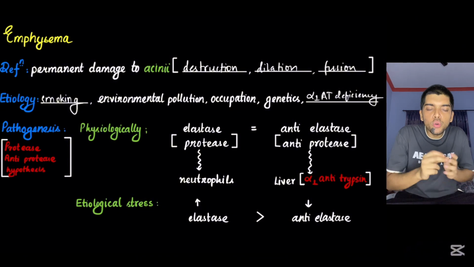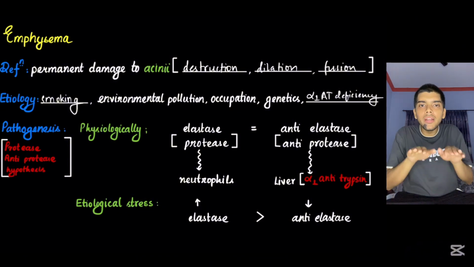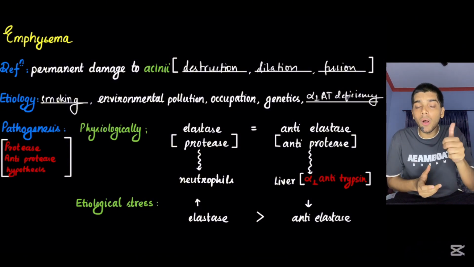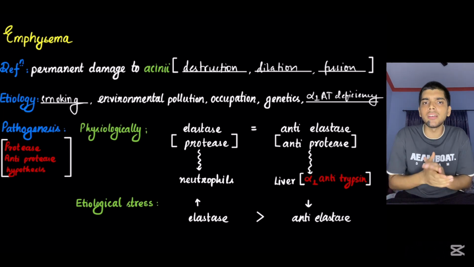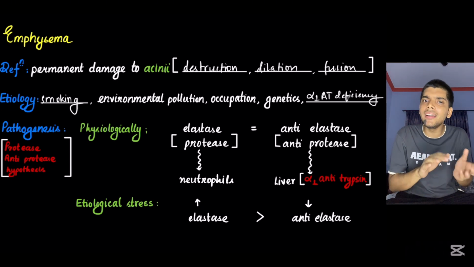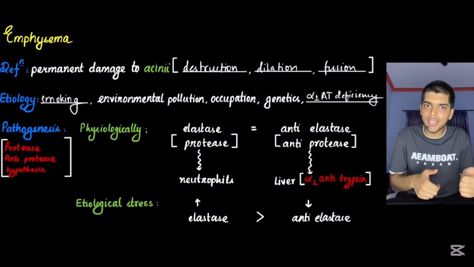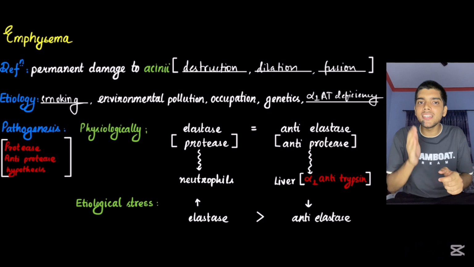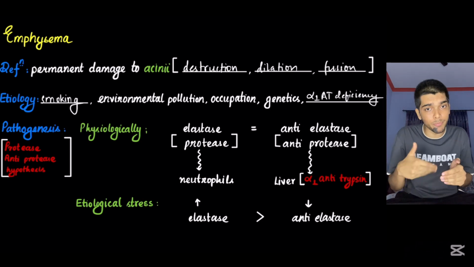There are two types of proteins circulating in your blood. Number one, protein that breaks down elastic fiber, or elastase, and protein that prevents the breakdown of this elastic fiber, or anti-elastase. Fine? Since elastase breaks down elastic protein, it is a protease.